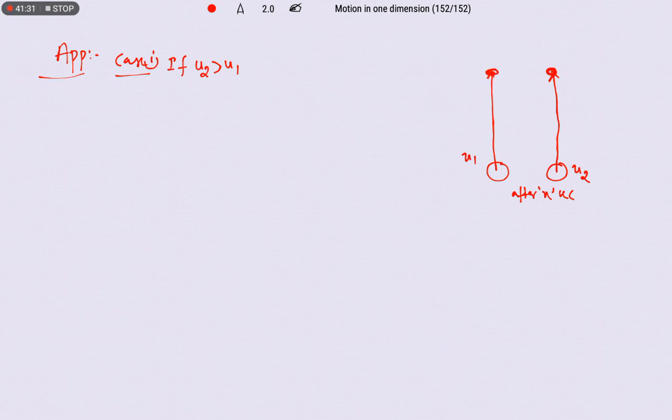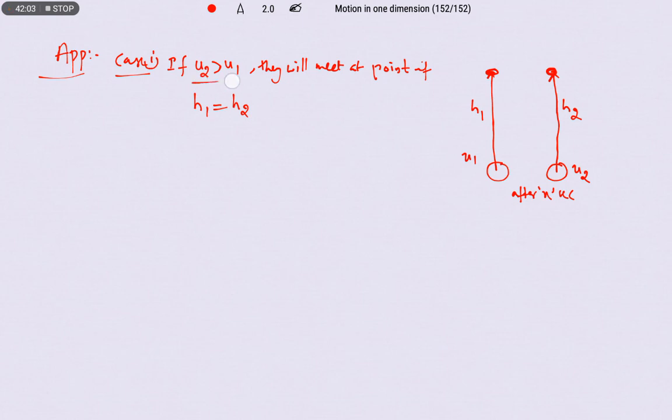Okay? So when they meet, they will meet at a point if h1 is equal to h2. That means the vertical distance covered by object 1 is equal to that of object 2, then only both the bodies are going to meet at a particular instant of time.